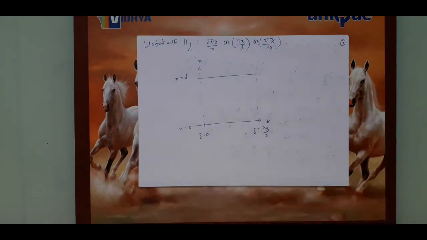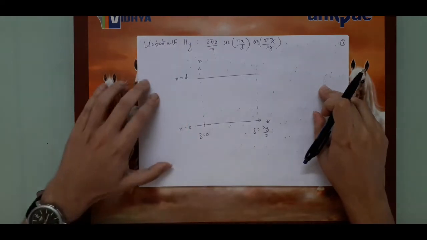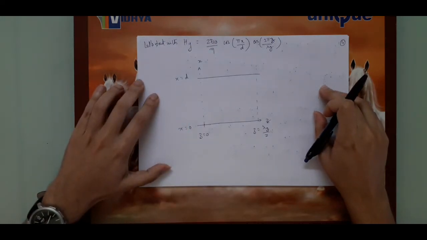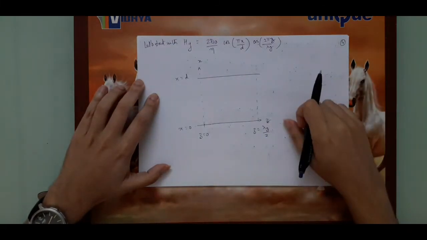So now, where will the Hy become maximum? Where will the Hy become maximum? Let us first consider the variation along the x-axis only, just as a special case.